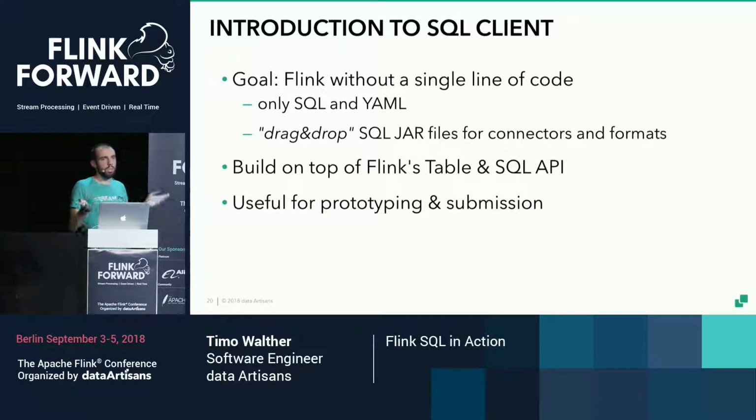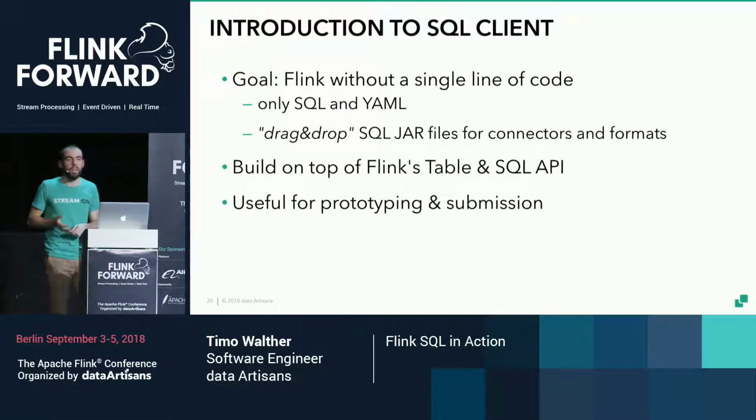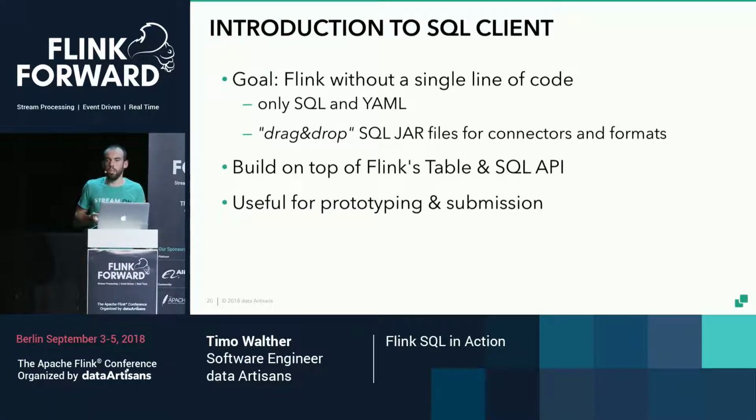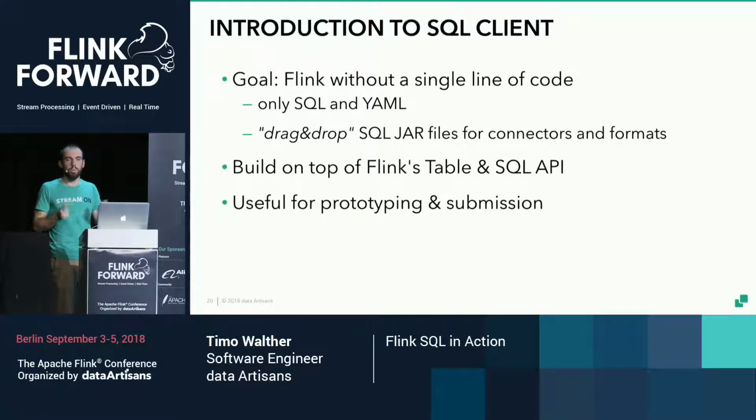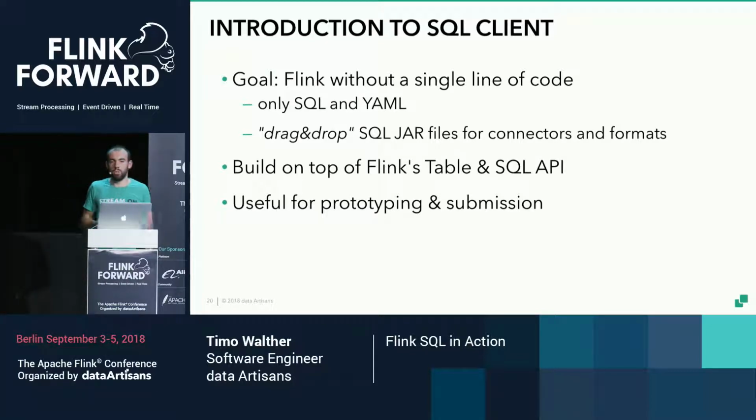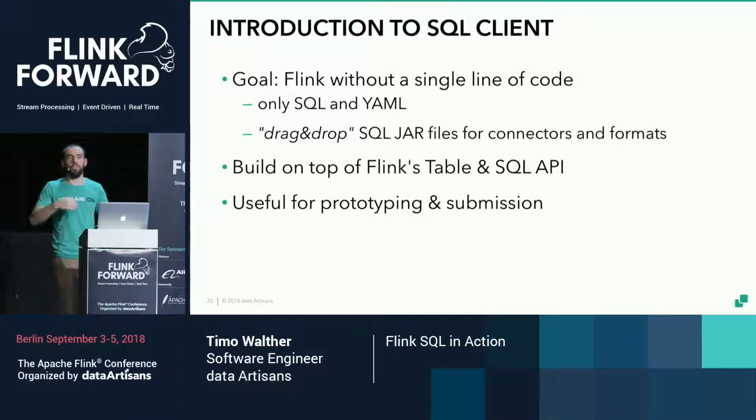The general goal of the Flink SQL client is that you don't have to write a single line of Java or Scala anymore, just plain old SQL and a YAML file that defines some of the parameters like parallelism or some other deployment properties. We provide drag and drop SQL jar files, which means you don't have to care about Maven and shading and dependency issues anymore.